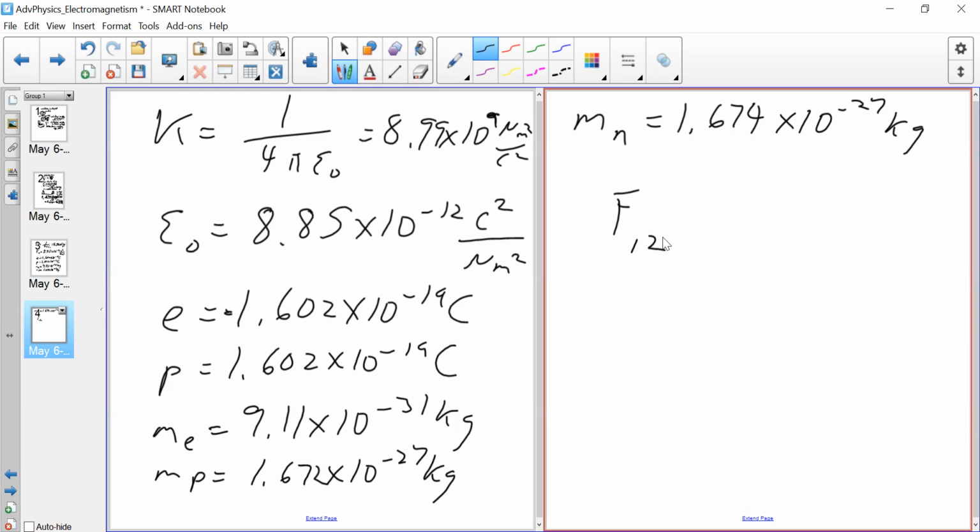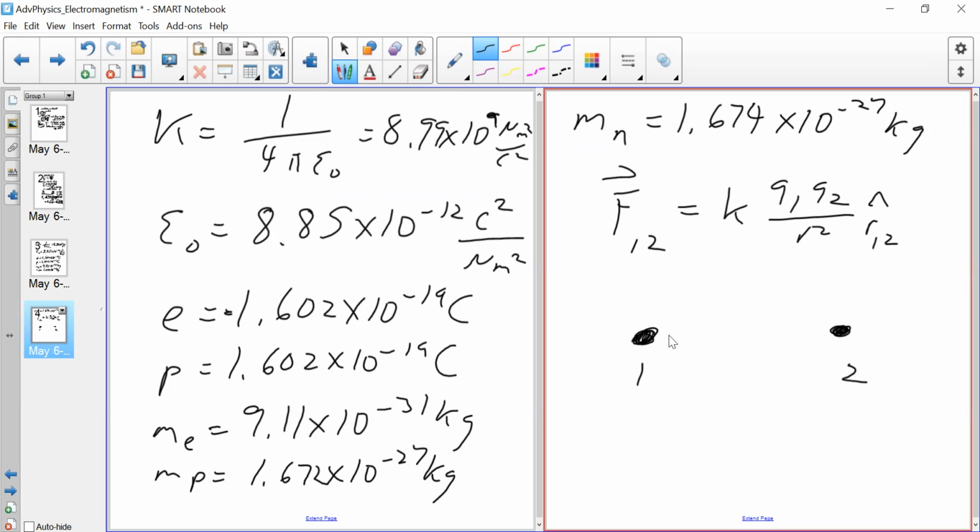Going back to the electric force equation, we use absolute values because we don't want to confuse the sign of the charge with the sign of the force. But here's another way to write Coulomb's law: k q1 q2 over r squared, in terms of the r12 hat. Let's say we have 2 protons, or 2 positive charges, charge 1 and charge 2.